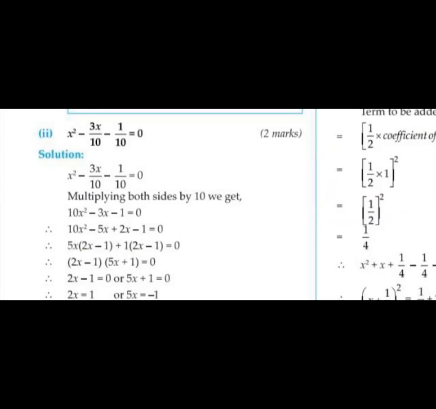So 2x minus 1 into 5x plus 1 equals to 0. So 2x minus 1 equals to 0 or 5x plus 1 equals to 0. So x equals to 1 upon 2 and x equals to minus 1 upon 5. So your answer is 1 upon 2 and minus 1 upon 5.